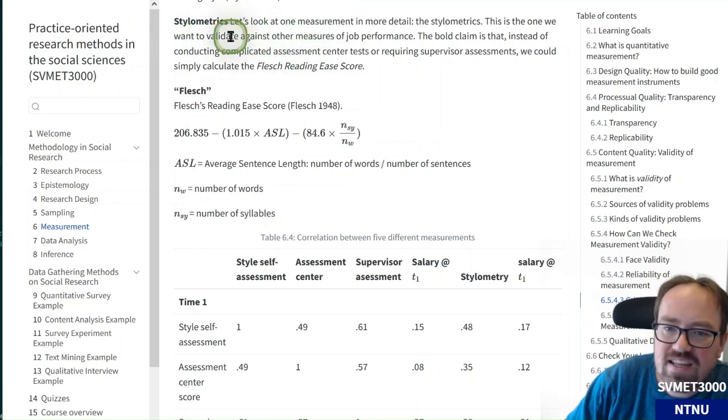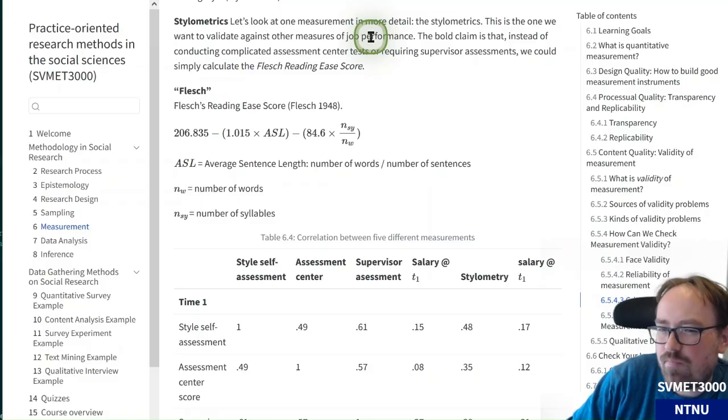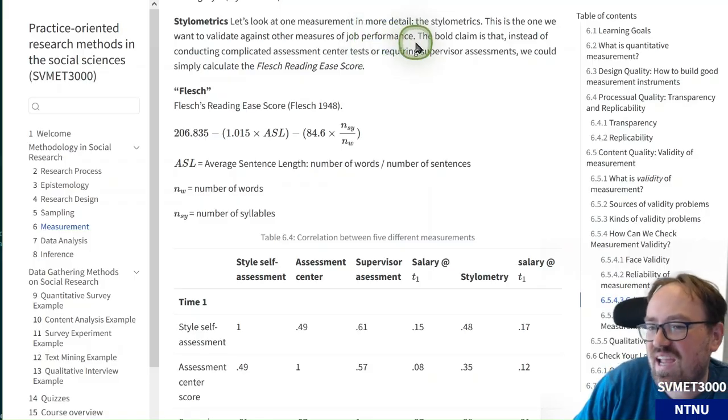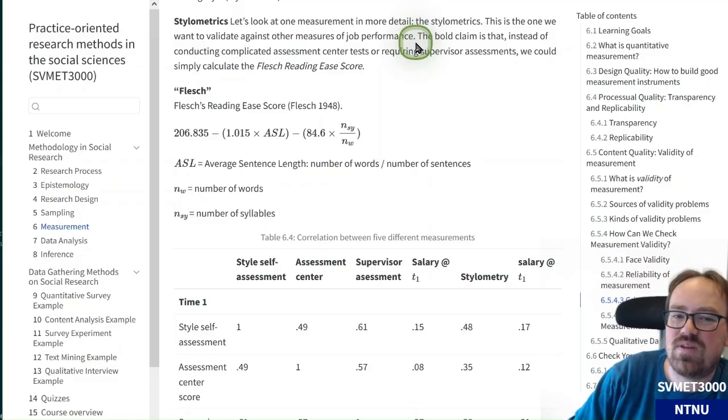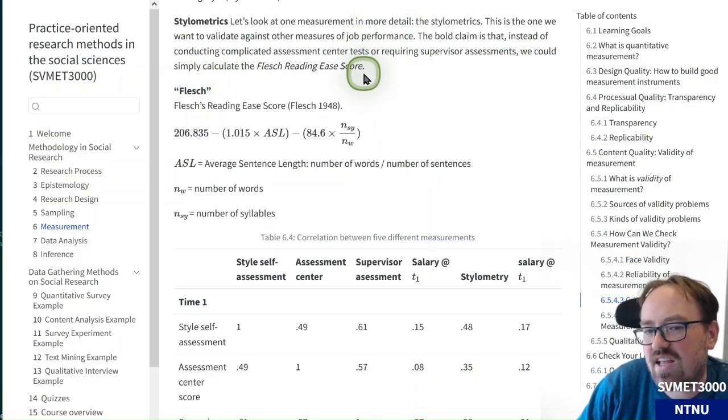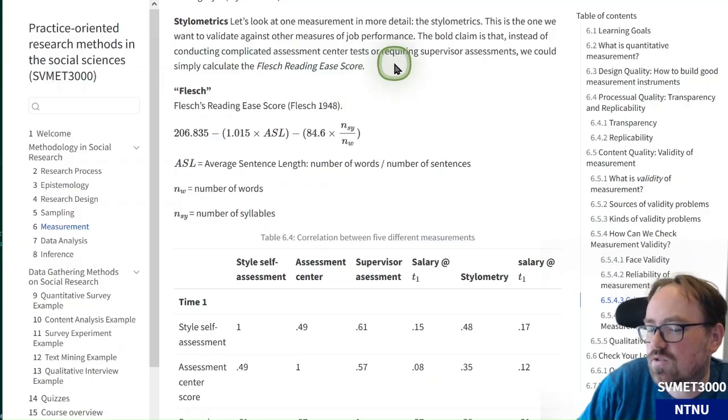We want to validate this against these other measures or correlates of job performance, and the bold claim we are investigating might be, instead of conducting complicated assessment centers or requiring supervisor assessments, we could just calculate the Flesch reading ease score.